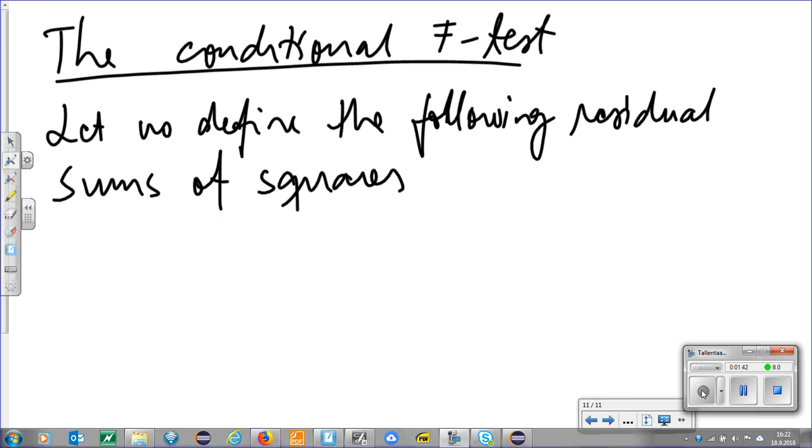So we define the following two residual sums of squares for the constrained or restricted model and the full model.